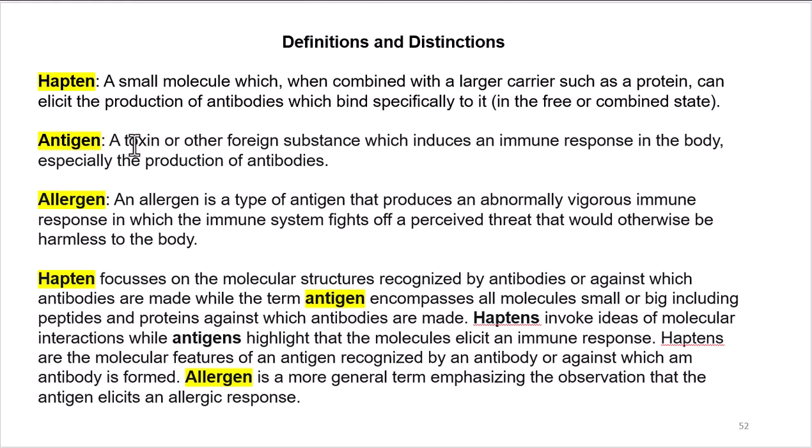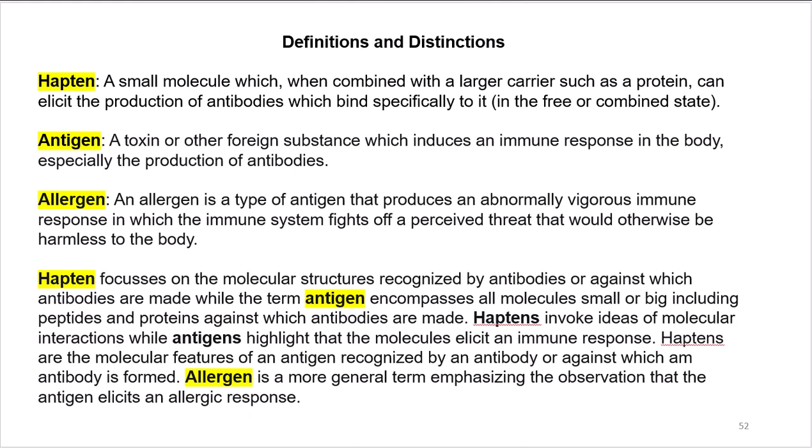So an antigen is a toxin or a foreign substance that can get an immune response. Okay, but specifically, a hapten is a particular molecule or a piece of a molecule that's actually leading to, say, the antibodies being formed against it, which is causing the allergic reaction.